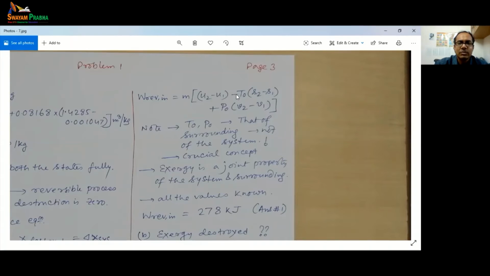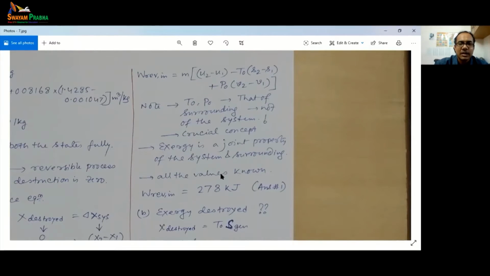Notice that this T naught and P naught do not correspond to the mass we are concerned about; they correspond to the environment. These are for the surroundings, not of the system. This is the crucial concept to carry: exergy is a joint property of the system and the surrounding. That is why T naught and P naught appear in the definition of change in exergy.